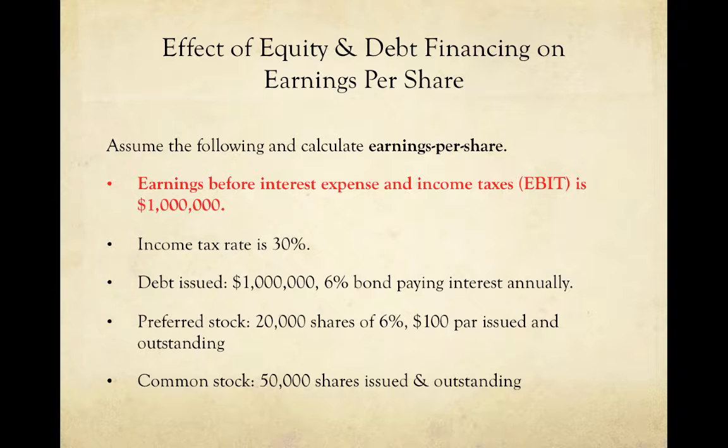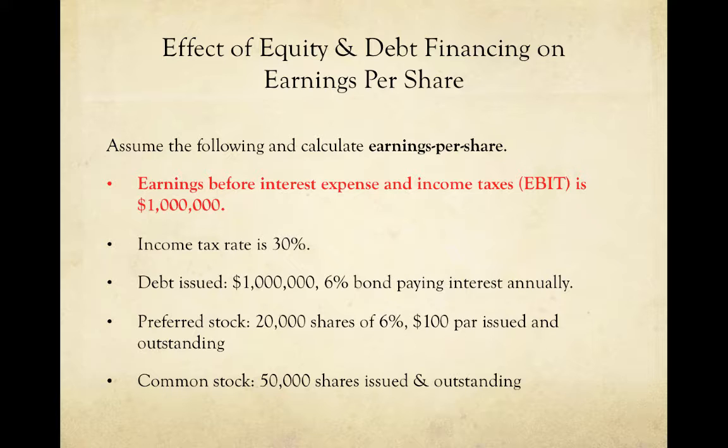Another variable in calculating earnings per share besides net income is preferred dividends and the number of shares of common stock outstanding. So in this example, let's assume we have earnings before interest expense and income taxes of $1 million, and an income tax rate of 30%. We have debt owed of $1 million, and we're paying 6% interest annually.